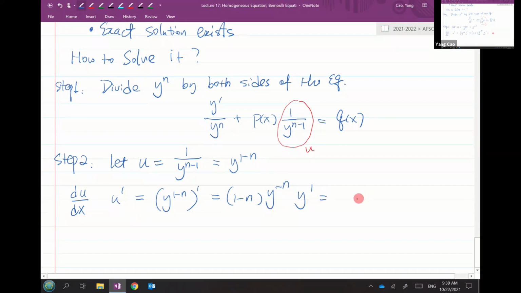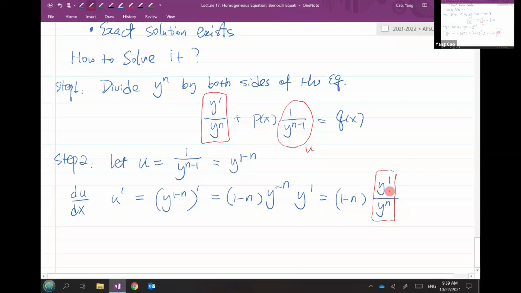So I can rewrite this side a little bit. 1 minus n, and this is y to the power negative n, so I can rewrite it as y prime over y to the power of n. Obviously, I have a y prime over y to the power of n, which is exactly the first term in the Bernoulli equation.